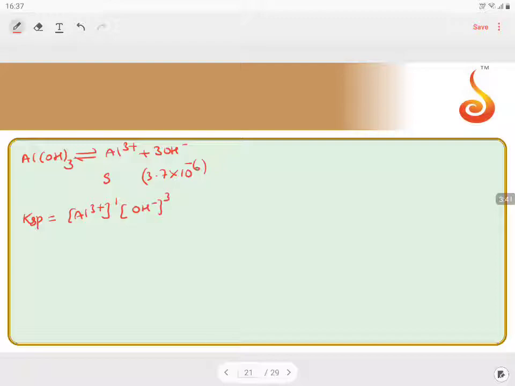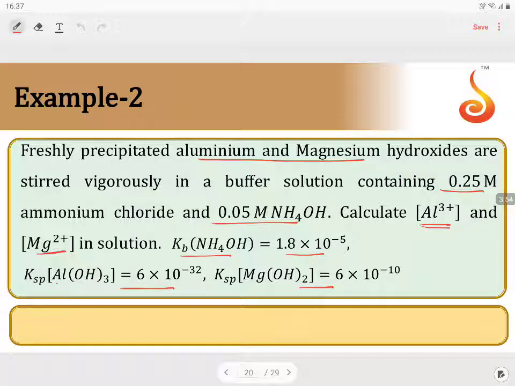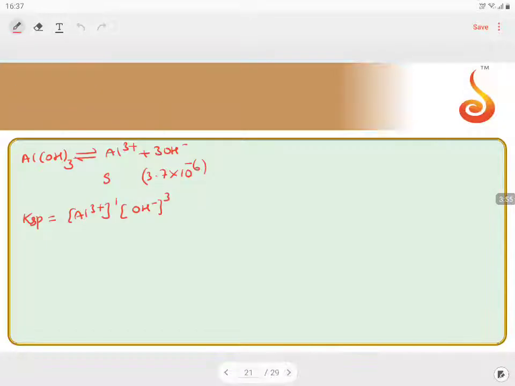Ksp is given as 6 × 10^-32. So 6 × 10^-32 is equal to aluminum ion concentration into (3.7 × 10^-6) whole cube.